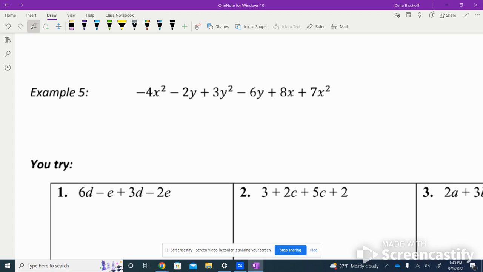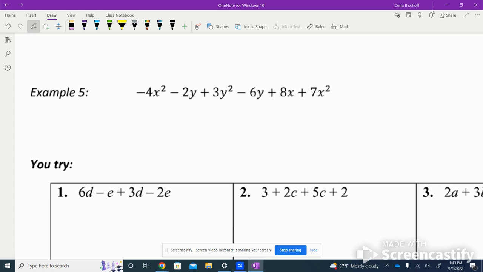Negative 6y. So this says negative 2 minus 6. What does this become? Are the signs the same or different? They're the same. No, if the signs are the same, we add. Same signs, add, and keep. What's 2 plus 6? 8. Keep the sign. Negative 8y.